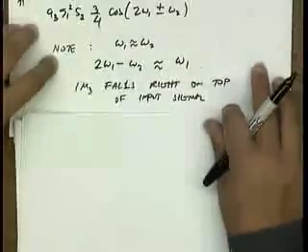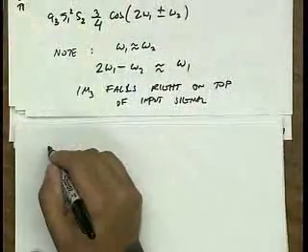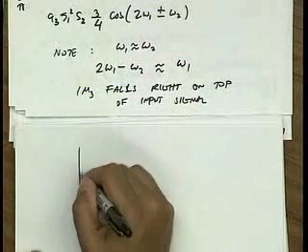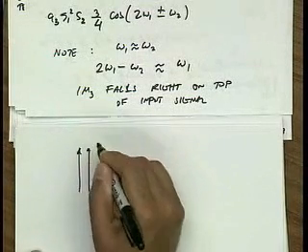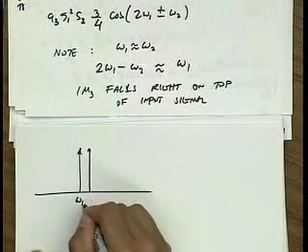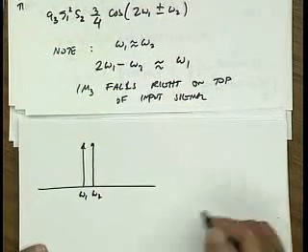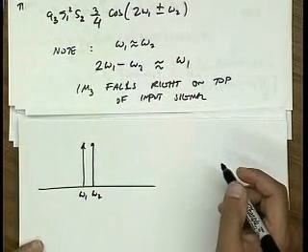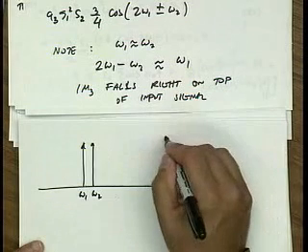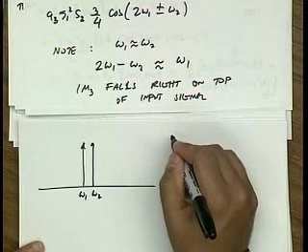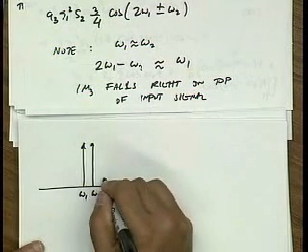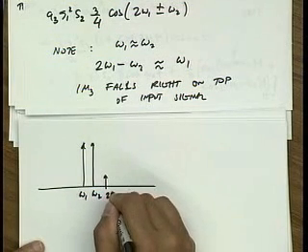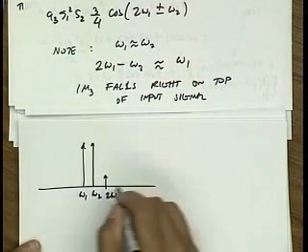Let me draw a picture. So the idea is, I have frequencies omega 1, omega 2, and I go through a third order nonlinearity. I generate 2 omega 1 minus omega 2, and 2 omega 2 minus omega 1. So this is 2 omega 2 minus omega 1.